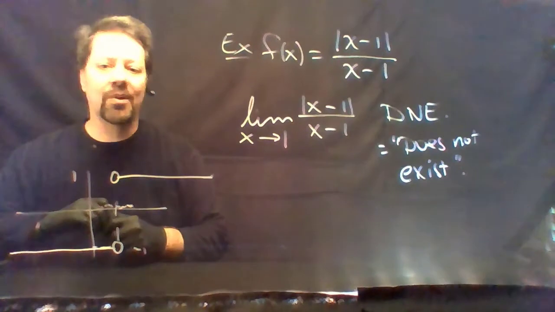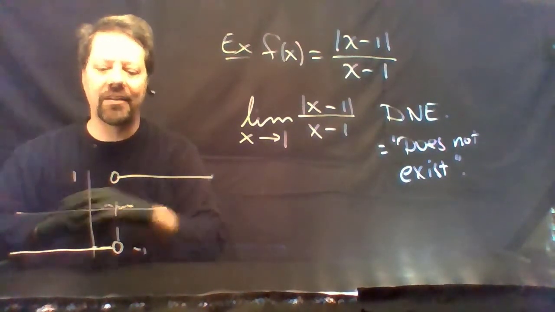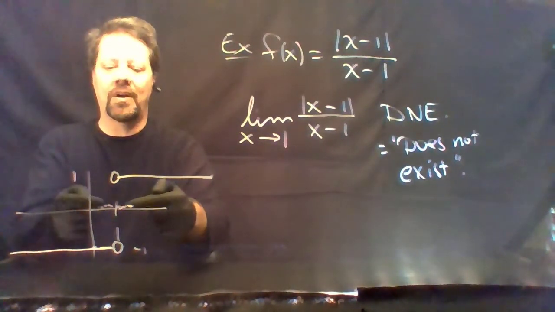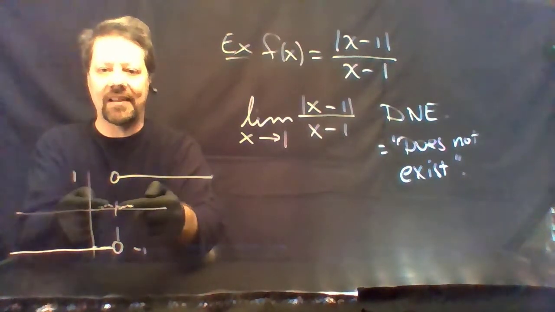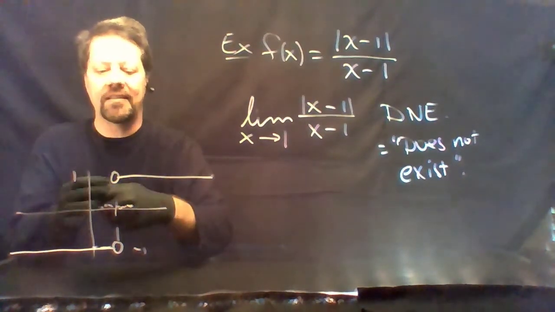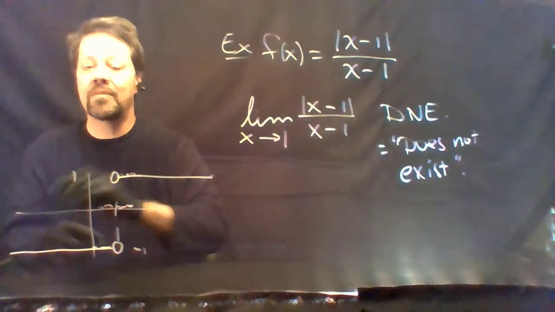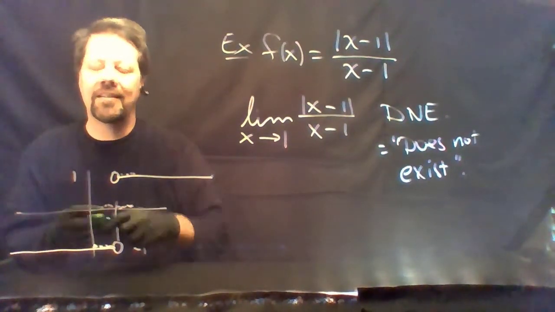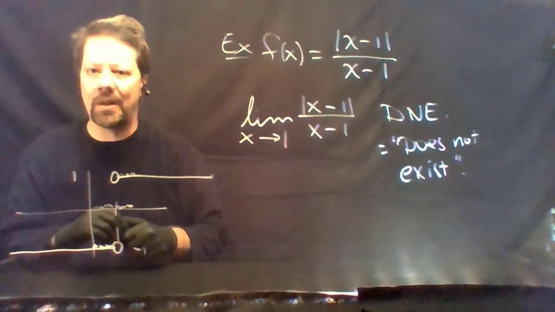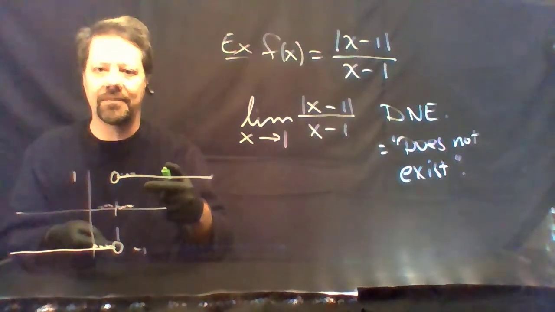Because we did not approach one particular value as we approached 1 from both the right and the left. From the right, the y values were 1, and on the left, the y values were minus 1, not the same value.